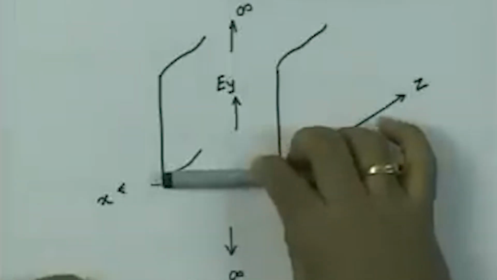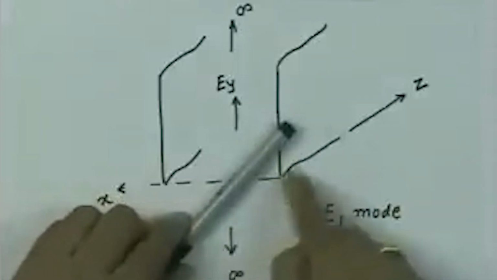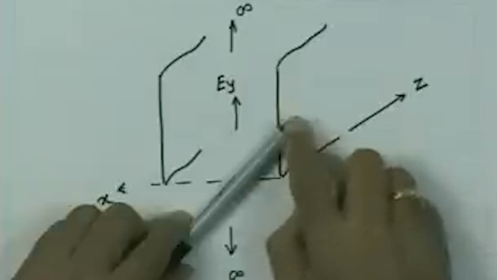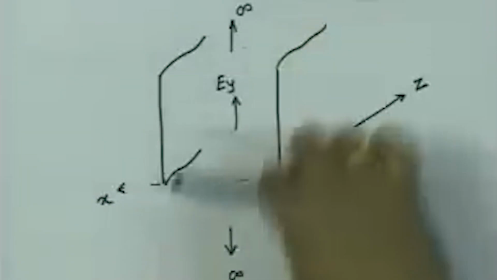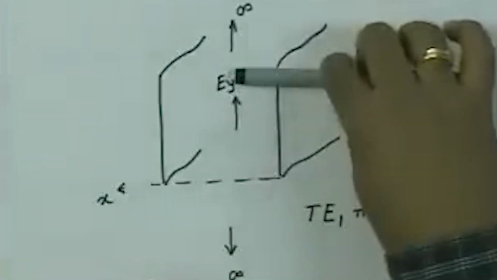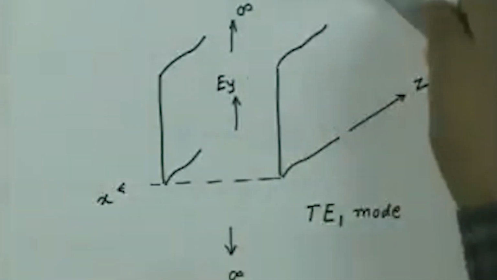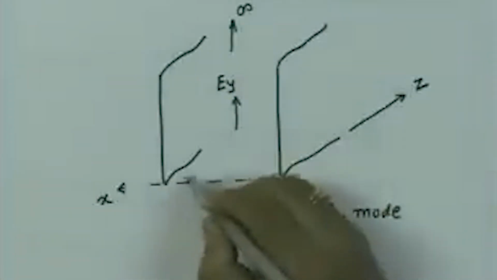So, if I see from the top, it will appear here the Hx was 0, only Hz was here. As we moved to a distance of lambda g by 4, the Hz becomes 0, only Hx became maximum. So, the magnetic field totally became like this along this direction. As I move further by again lambda g by 4, again Hz will become maximum, Hx will become 0. So, what we find that here we have a function which is cosine.